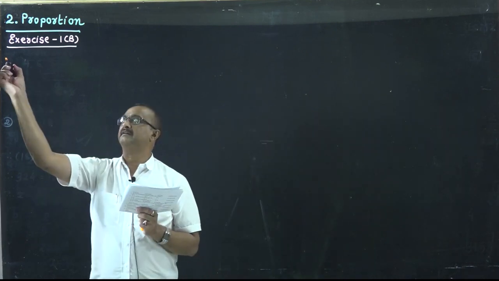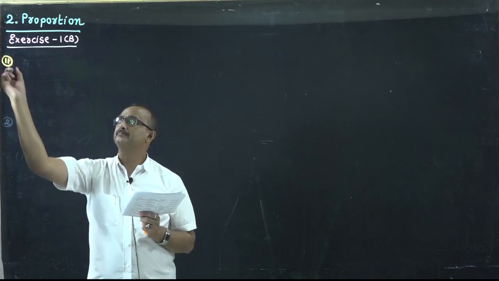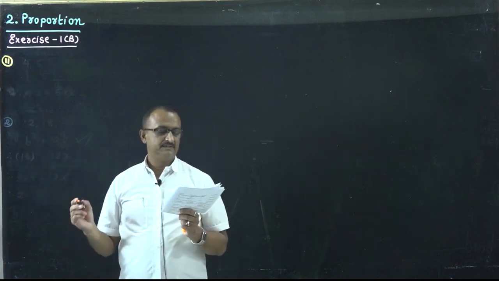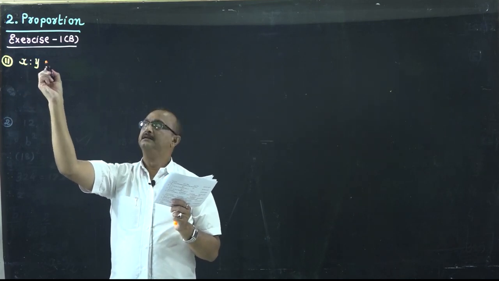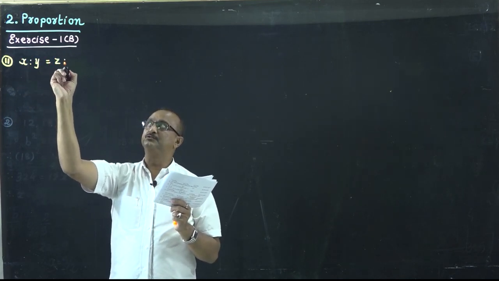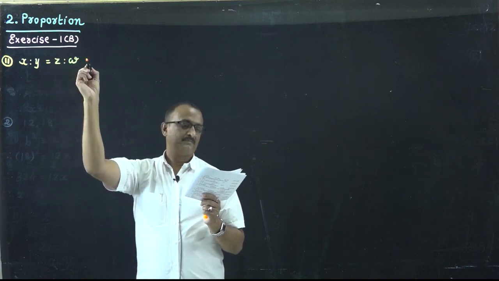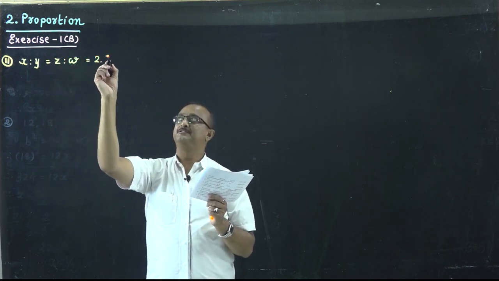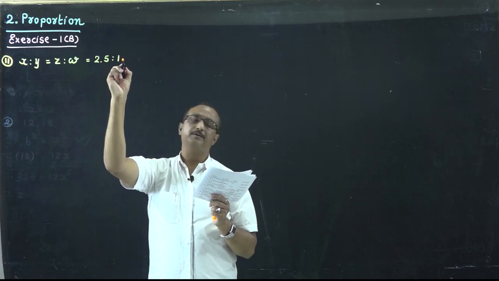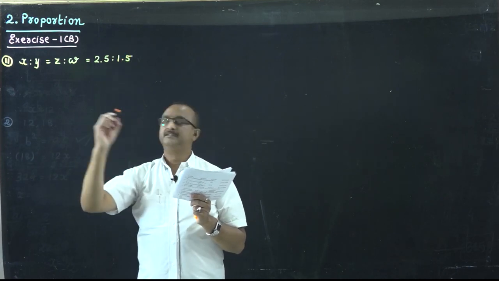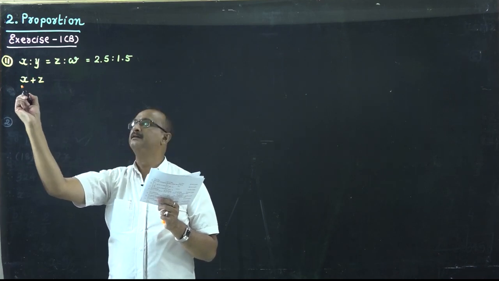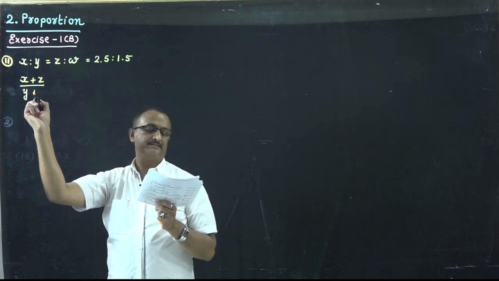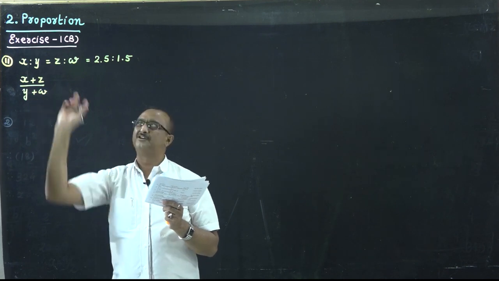Now question number 11. It is given x is to y is equal to z is to w equal to 2.5 is to 1.5. The value of x plus z upon y plus w. So it is your homework.